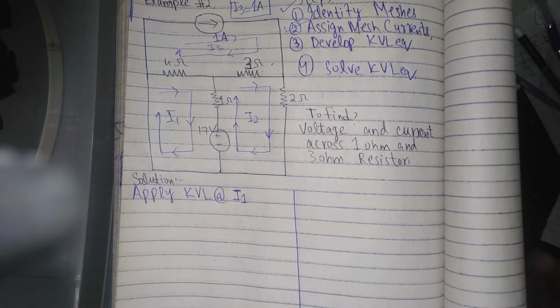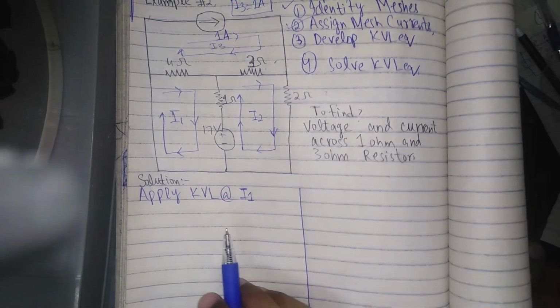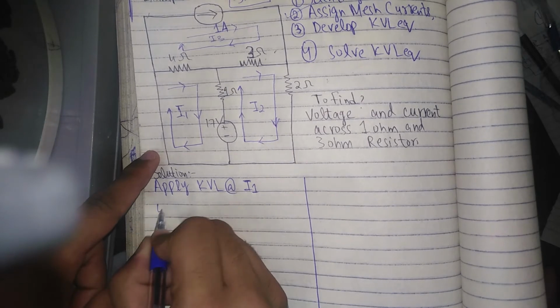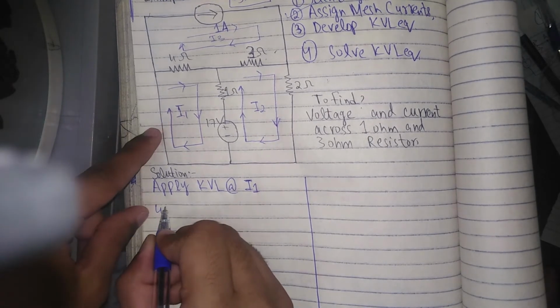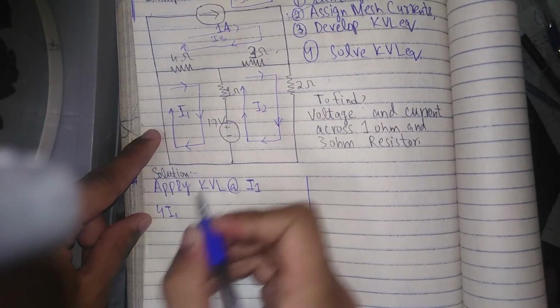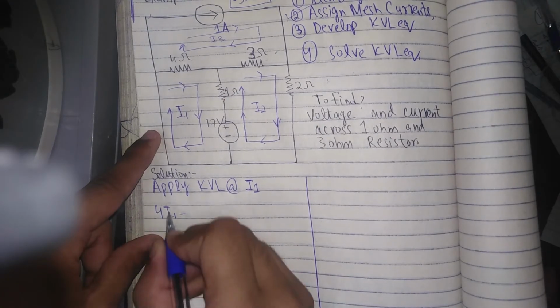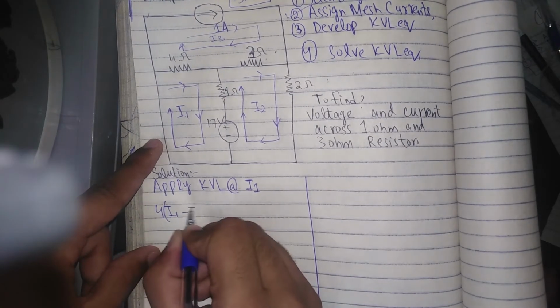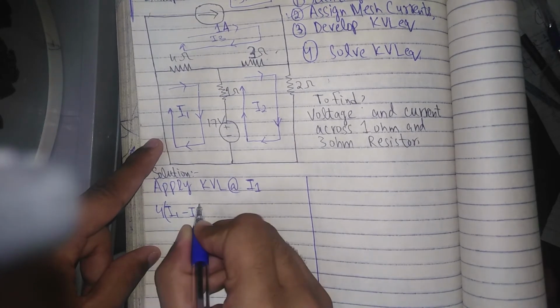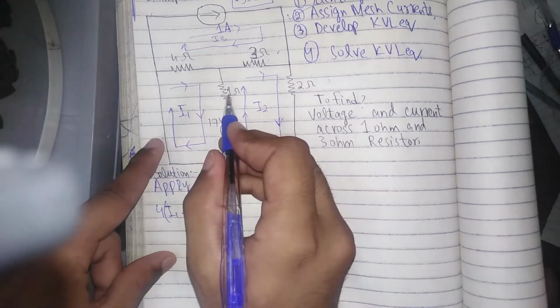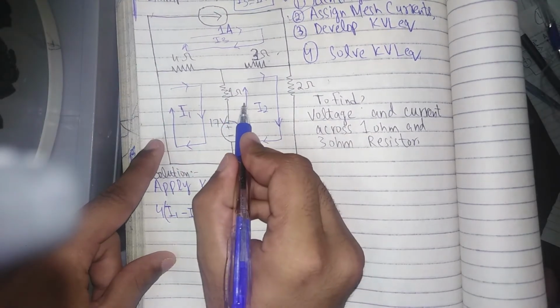Now apply KVL at loop I1. It will start from 4. So we will write it as 4I1, and here I3 also flows, so we will write 4 into I1 minus I3. Here two currents flow, I1 and I2.